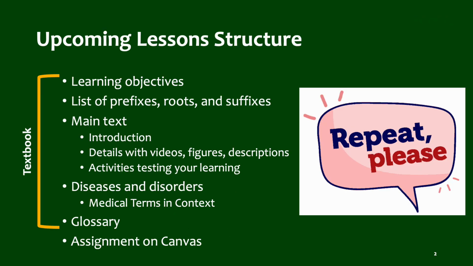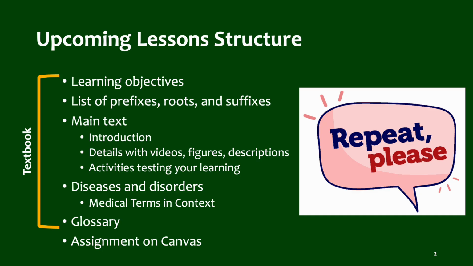Before we go into the main sensory systems lesson today, I want to share a little bit about the structure of the upcoming lessons. We'll have repeated structures for the main lessons coming up. We'll typically begin with learning objectives. Then each chapter offers a list of prefixes, roots or combining forms, and suffixes relevant to that specific system.